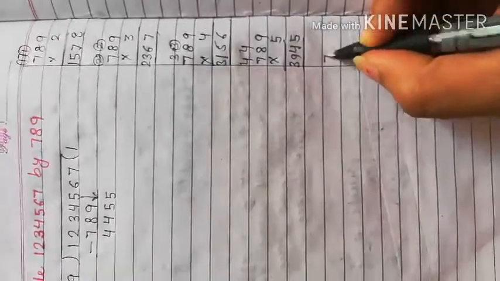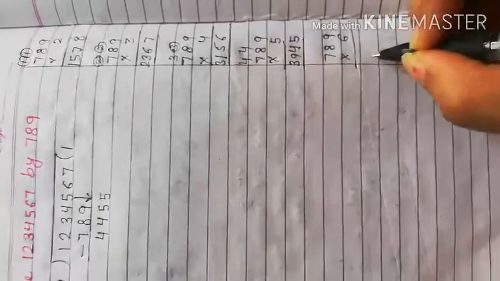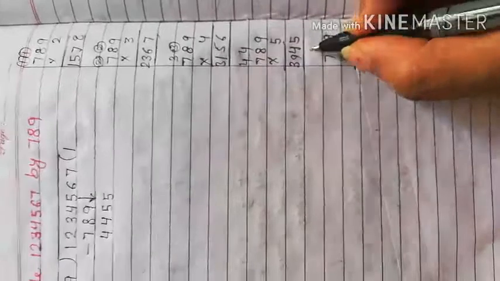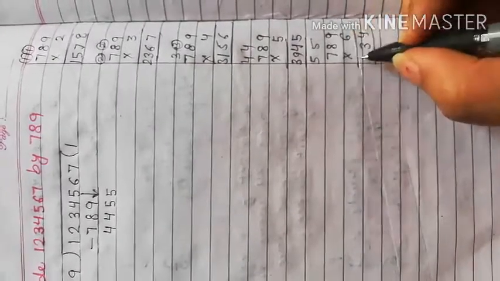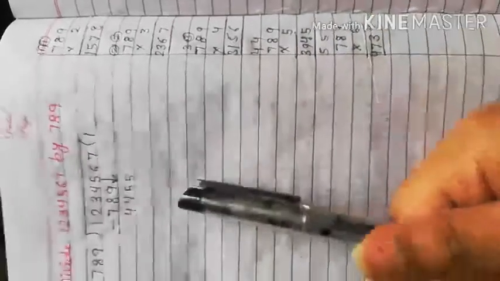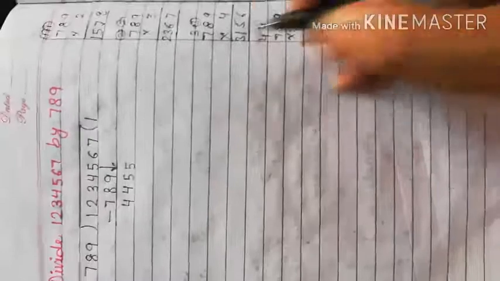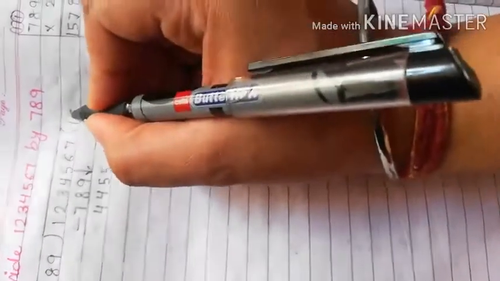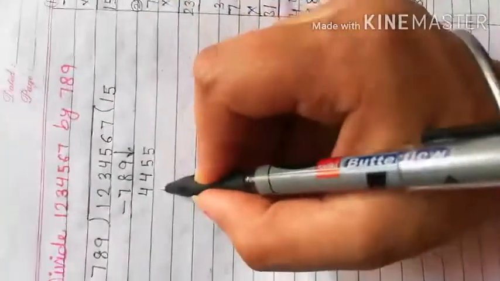We can check 6 also, maybe it is also smaller than that. 6 9s are 54, 6 8s are 48 plus 5, 53, 6 7s are 42, 42 plus 5, 47. But this is greater than this, so we will go for the smaller number, means on 5 we will take 3945.